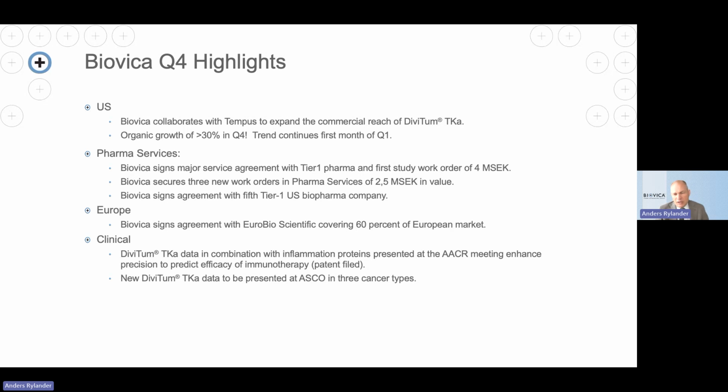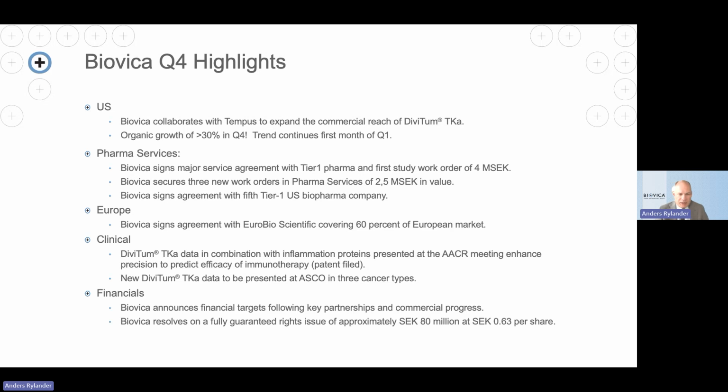And especially the one at AACR is interesting because immunotherapy is a very promising area for the future, where we now have two patents filed within that area, which we'll come back and report how we progress with those.